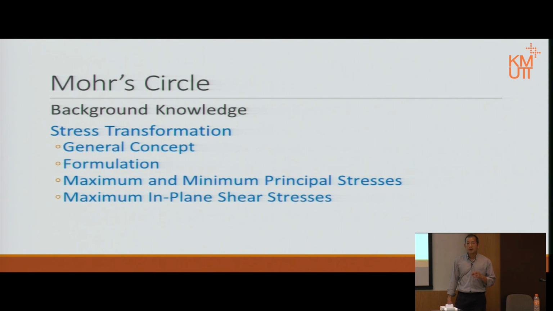We also will find the maximum shear, which we call maximum in-plane shear stresses. And of course, we carry on with that formula and see how we can apply the technique of Mohr, that we call the Mohr circle, into solving the problem instead of using equations.